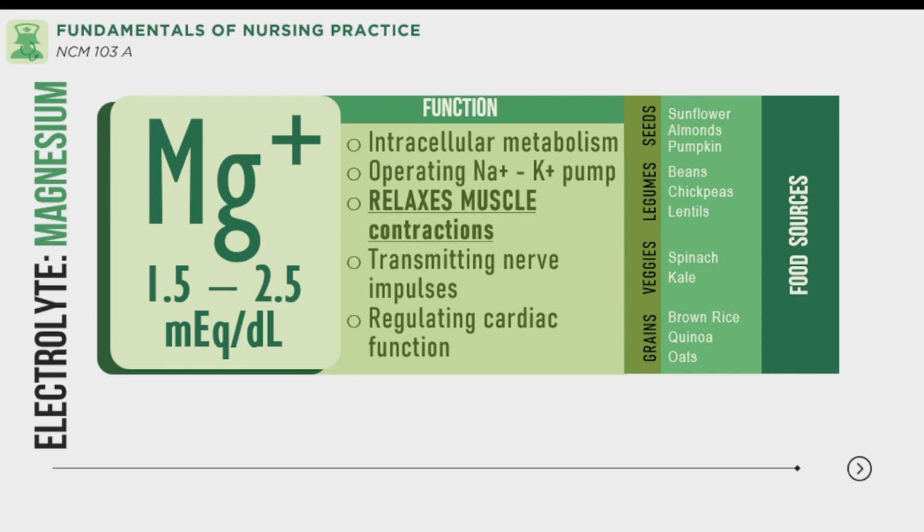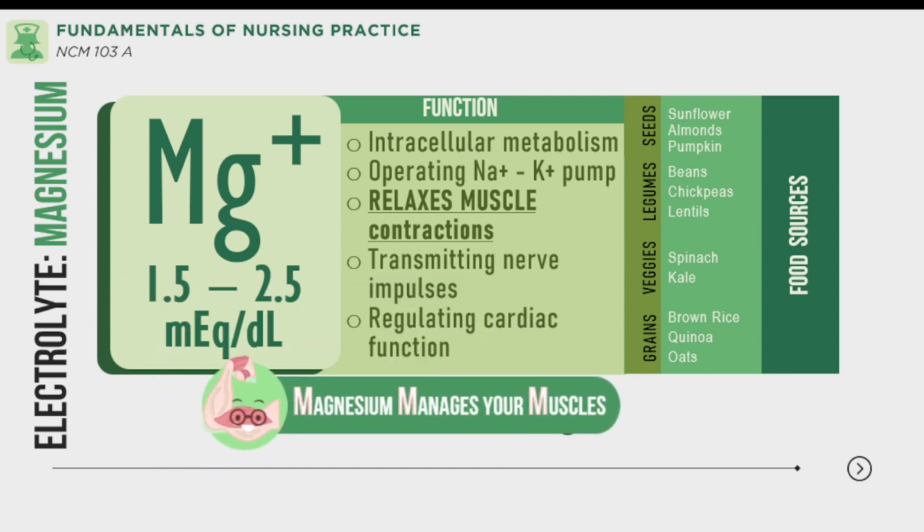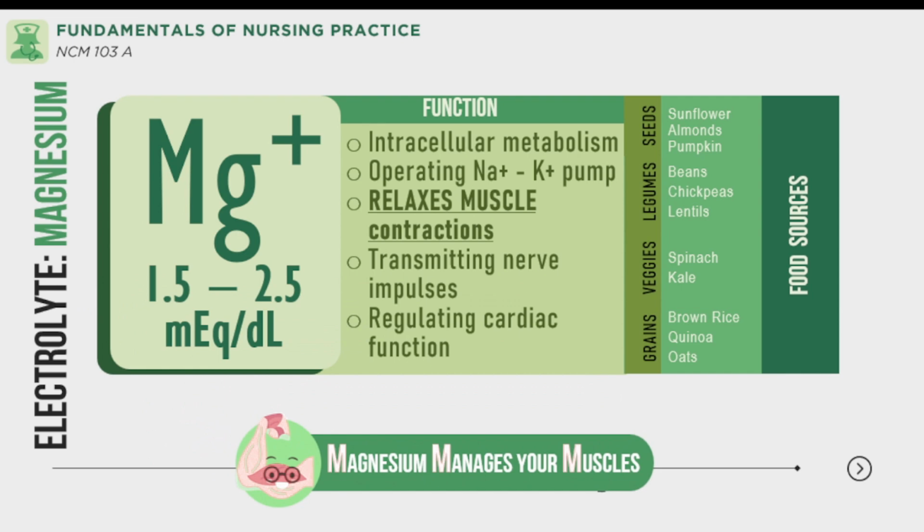So these are high magnesium food sources. To make it easier for you to remember magnesium, magnesium has letter M. Magnesium manages your muscle. Okay? Magnesium manages your muscles because it is responsible for the relaxation of your muscles.